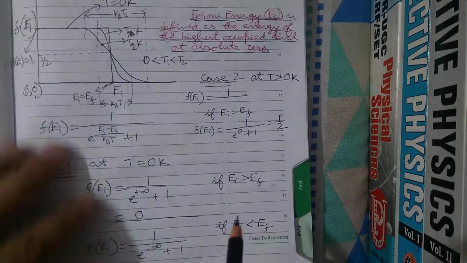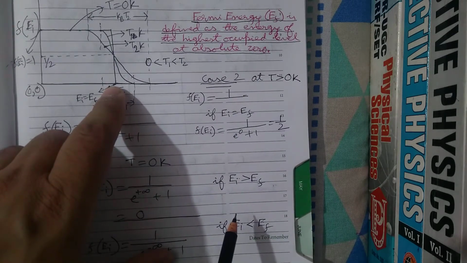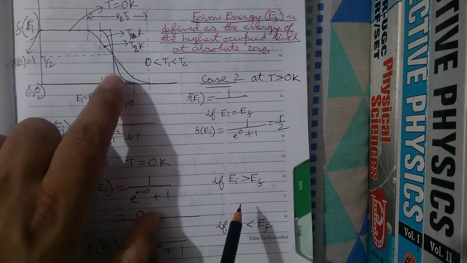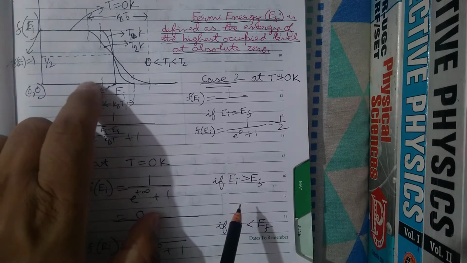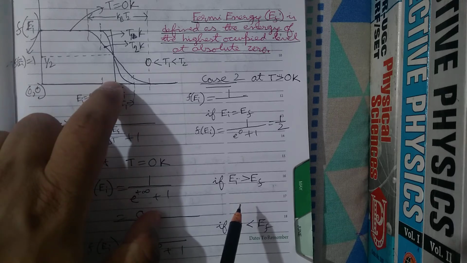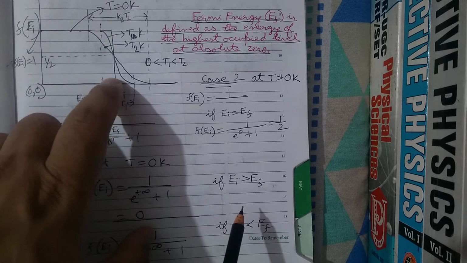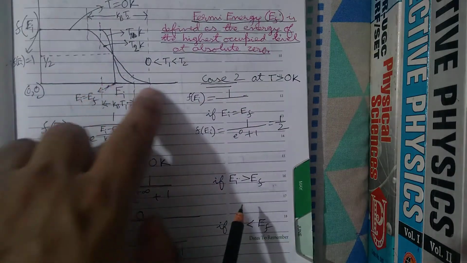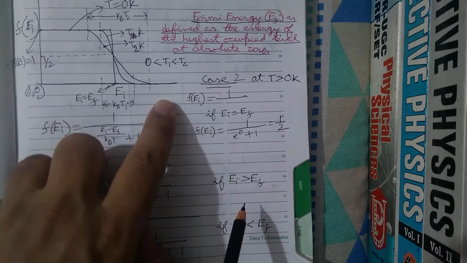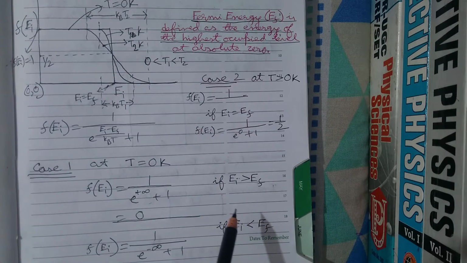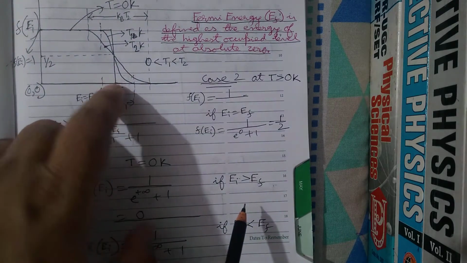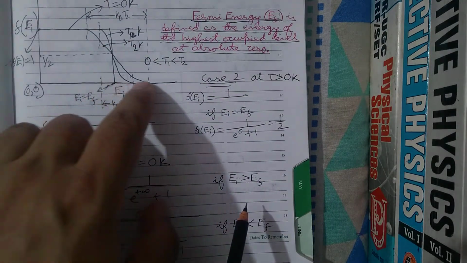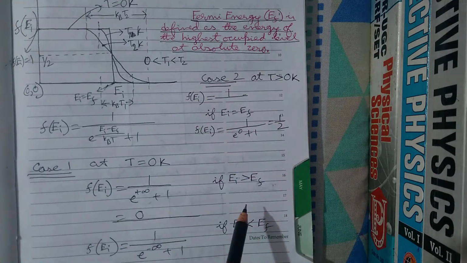From this you will understand that very near the Fermi level, the probability of occupation is the most. As we go away from the Fermi level, to higher energy, the probability becomes less.